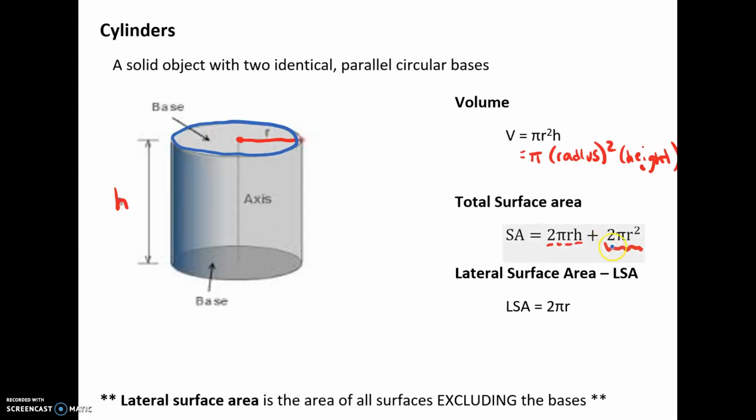We see 2 pi r squared appear in this formula because our cylinder has 2 circular faces on it. For cylinders, we can also calculate the lateral surface area, which excludes the circular faces.